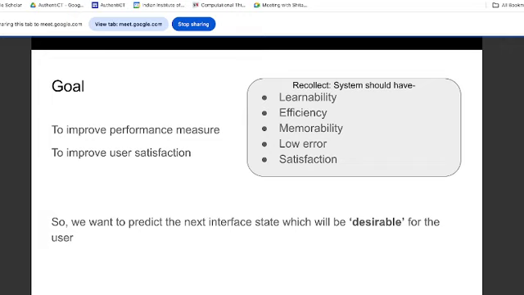So that is the basic idea of what we are doing within this user state predictor. We want to predict the next interface state which will be desirable for the user. Initially it was not necessarily desirable for the user. Here this keyword is desirable.